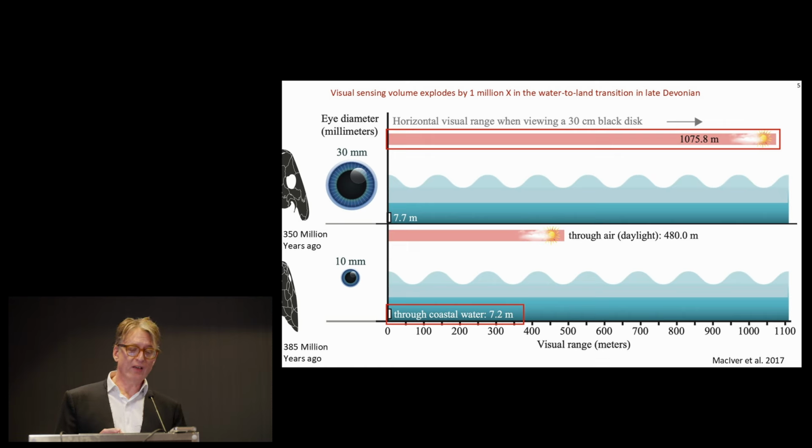And this is Acanthostega, 350 million years ago. Its eyes have tripled in size. Now through water, the increase in visual range is basically negligible. But in air, we get a significant jump. And on net, if you combine the medium change plus the change in eye size, you get a million-fold increase in the total visual space that the animal can interrogate.